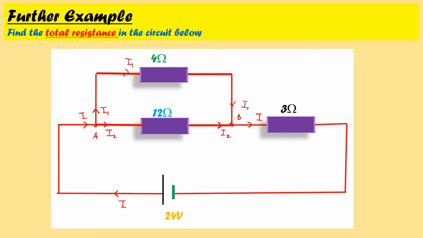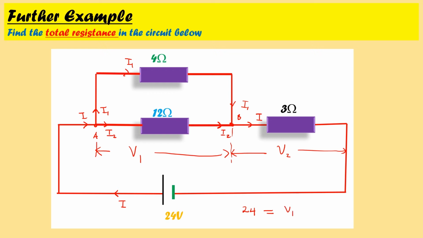And then here we can conclude that the PD across them is the same. If we call it V1, then the PD across this 3 ohm resistor, let us call it V2. But for a fact we know that 24 volts will be equal to the PD across the 4 ohm resistor and the 12 ohm resistor, V1, plus the PD across the 3 ohm resistor, V2.